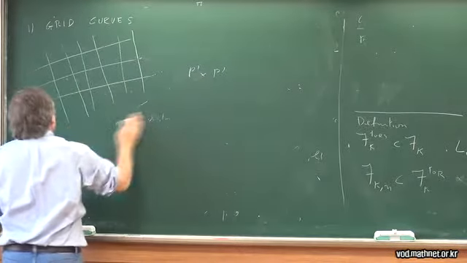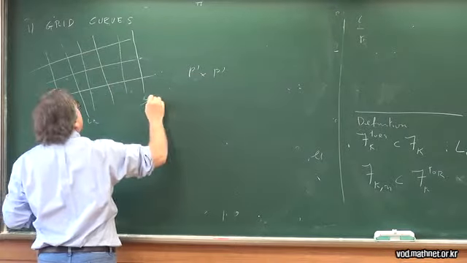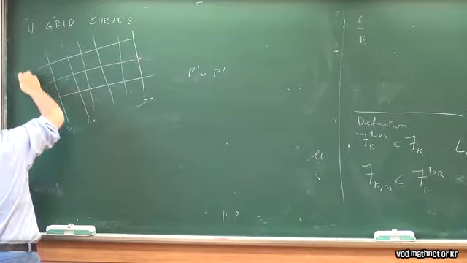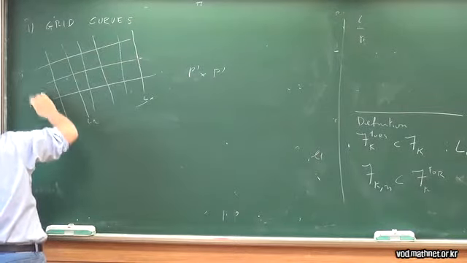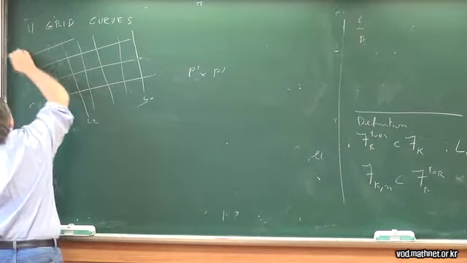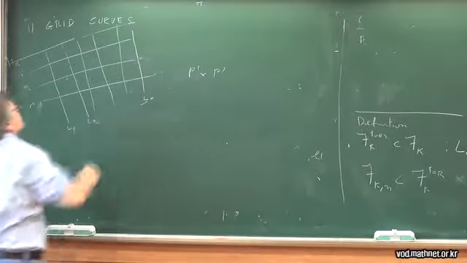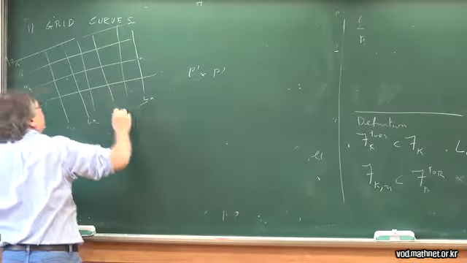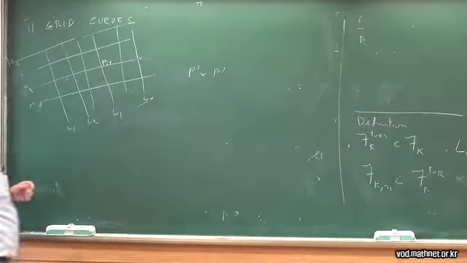So L1, L2, ..., Lk, M1, M2, ..., Mk. So we have these points, if this is Mi and this is Li, the point Pij, something like this.